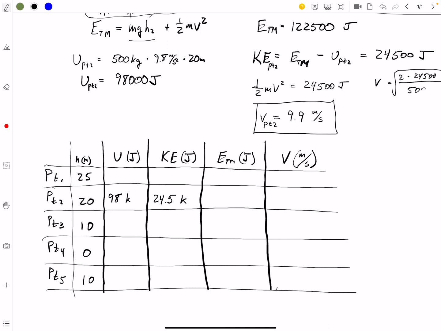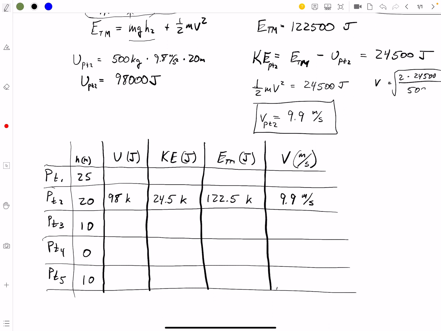And of course, if you add those together, you should get your total, 122.5K. Okay. And we calculated what the velocity at that point is, and it's 9.9 meters per second.